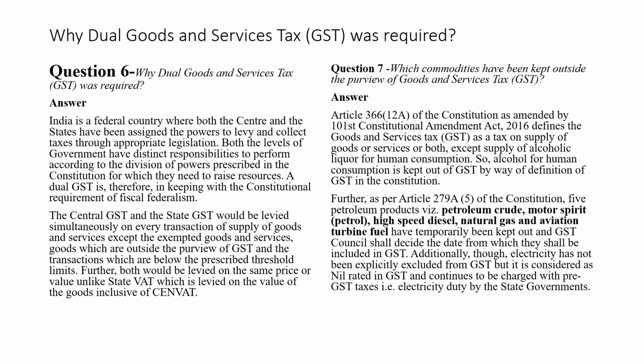Additionally, though electricity has not been explicitly excluded from GST, it is considered as nil rated in GST and continues to be charged with pre-GST taxes, that is electricity duty, by the state government.